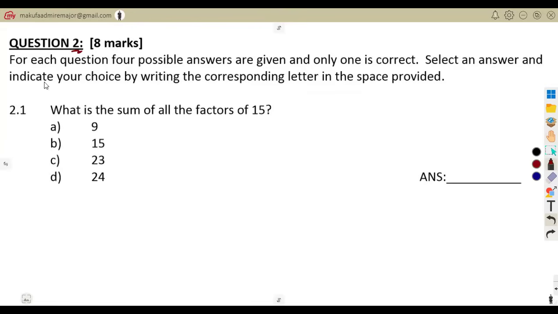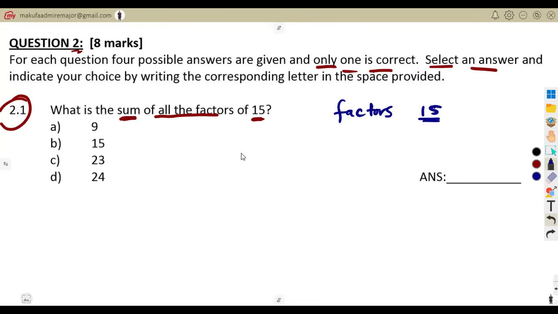On question number 2, for each of the questions, 4 possible answers are given and only one is correct. Select an answer and indicate your choice by writing the corresponding letter in the space provided. 2.1, what is the sum of all factors of 15? So we just need the factors of 15.